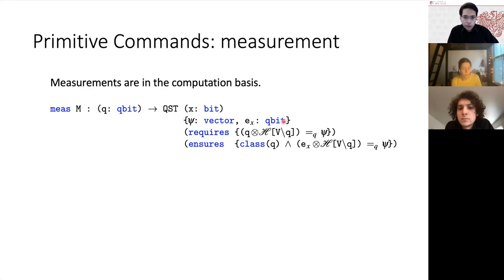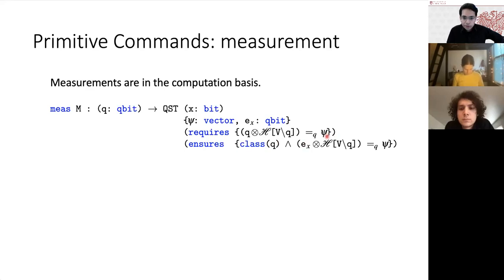Now, this is something new here, the context delta for binding ghost variables. So we have a psi, which is a vector, and a ghost variable EX of type qubit. So what the precondition here says is that in whatever context, the subsystem H is representing the Hilbert space, so the complete state under consideration.